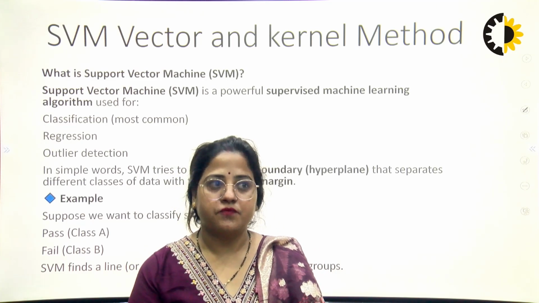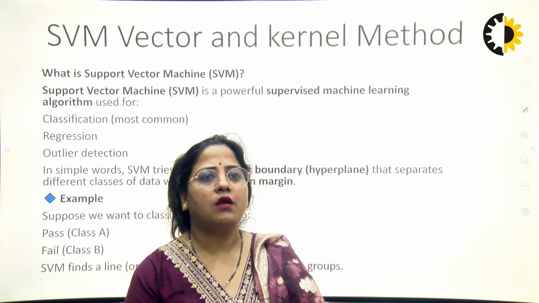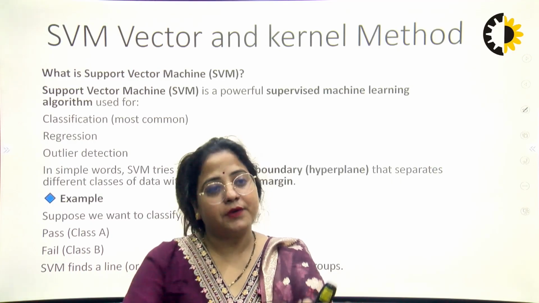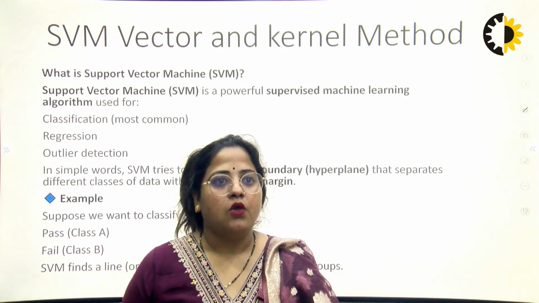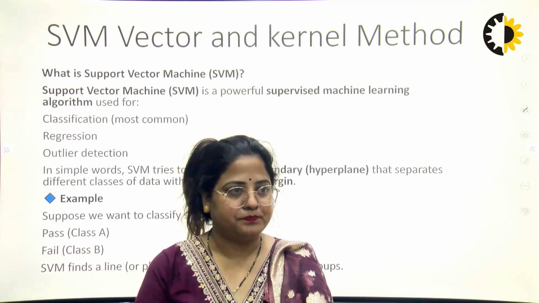It is used for classification, but sometimes also for regression and outlier detection. In simple words, we can say that SVM tries to create a boundary that separates the different classes of our data. That boundary is called the hyperplane of SVM.